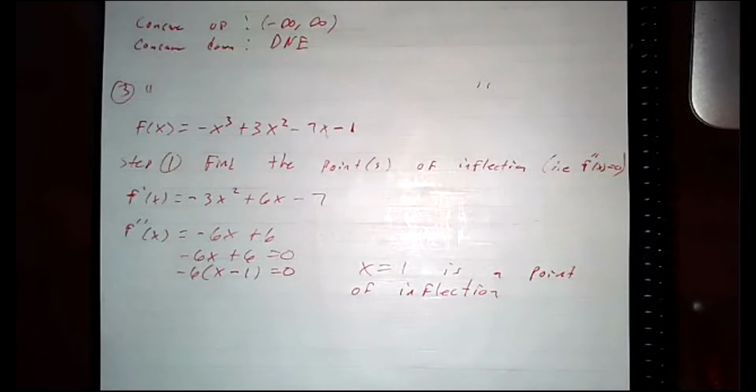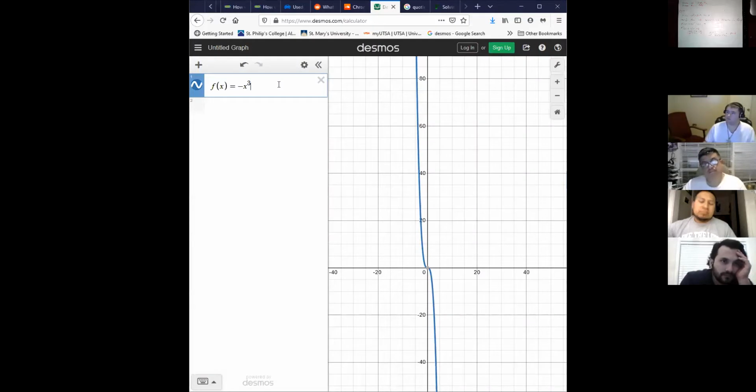All right, it says minus x cubed plus 3x squared minus 7x plus, minus 1.